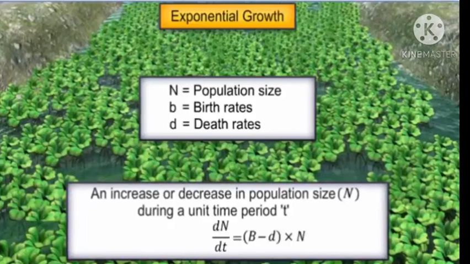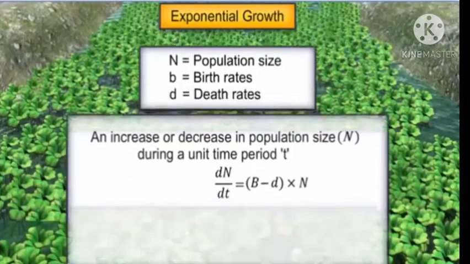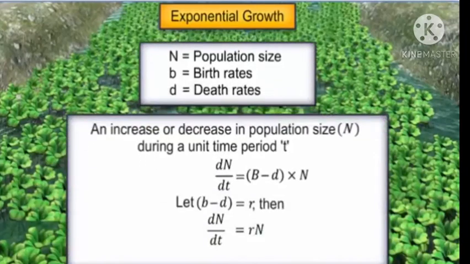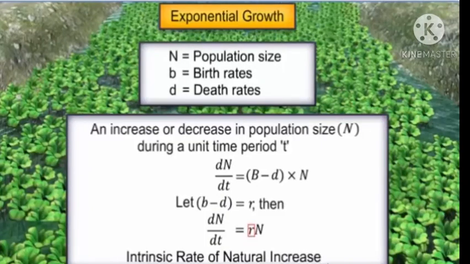The difference between the birth and death rates provides the value of R, or the intrinsic rate of natural increase. This is a very important parameter for measuring the impact of biotic or abiotic factors on population growth. The intrinsic rate of natural increase is a measure of the inherent potential of a population to grow.